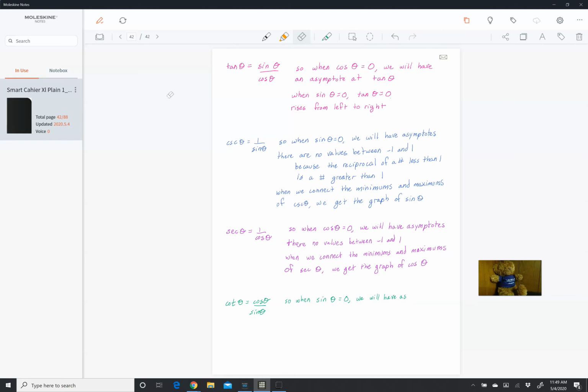Notice that's not enough to say that it's cotangent, right? Because we can see up here that cosecant also has this characteristic. When sine of theta equals 0, we're going to have asymptotes, okay? This has no minimums or maximums. And it falls from left to right.